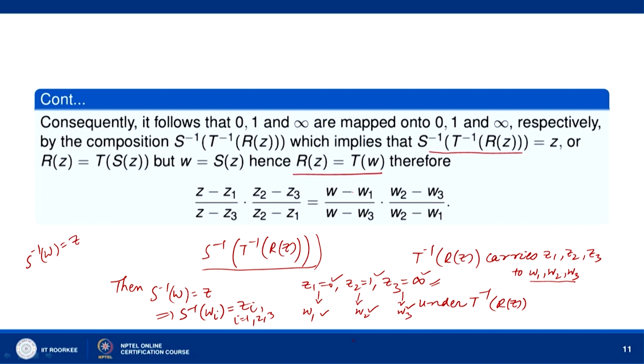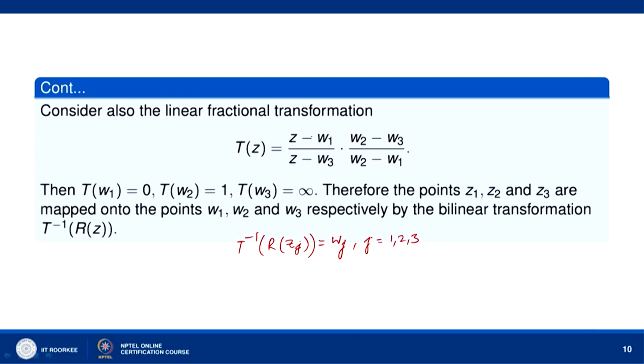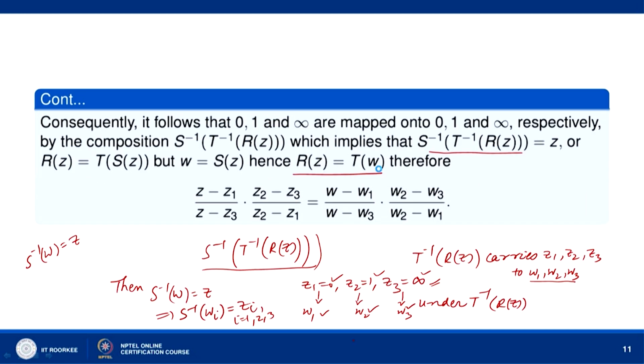T W equals W minus W1 over W minus W3, into W2 minus W3 over W2 minus W1. So, R z equals T W, and this gives us this transformation.